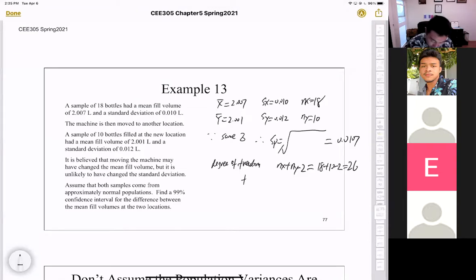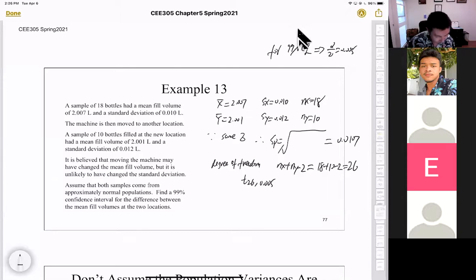So the t-value will be t26, half alpha. Half alpha will be 0.005, because for a 99% confidence interval, alpha is 0.01, so half alpha is 0.005.